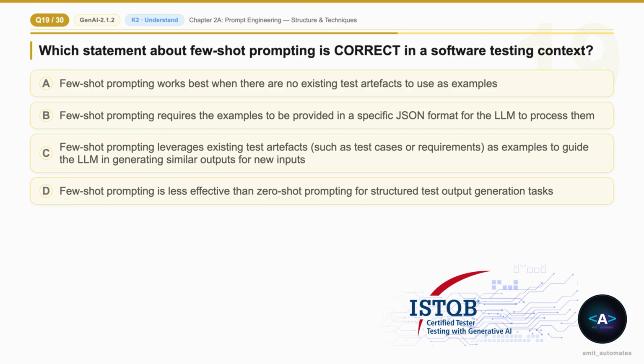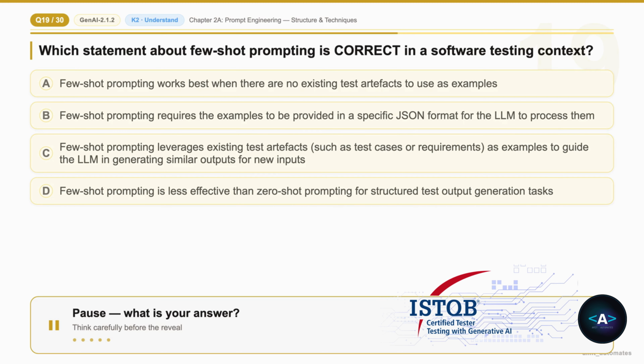B. Few-shot prompting requires the examples to be provided in a specific JSON format for the LLM to process them. C. Few-shot prompting leverages existing test artifacts, such as test cases or requirements, as examples to guide the LLM in generating similar outputs for new inputs. D. Few-shot prompting is less effective than zero-shot prompting for structured test output generation tasks.